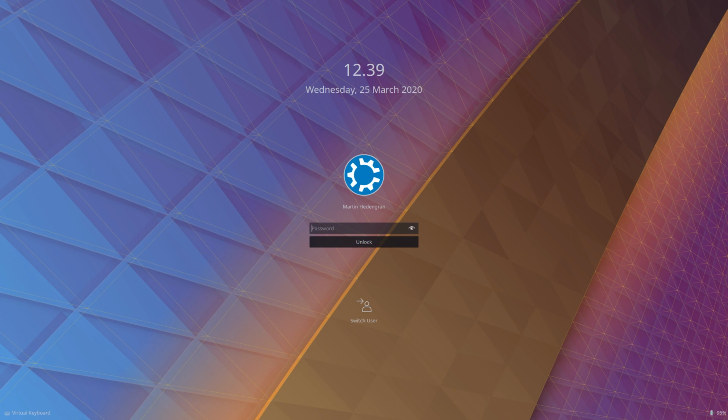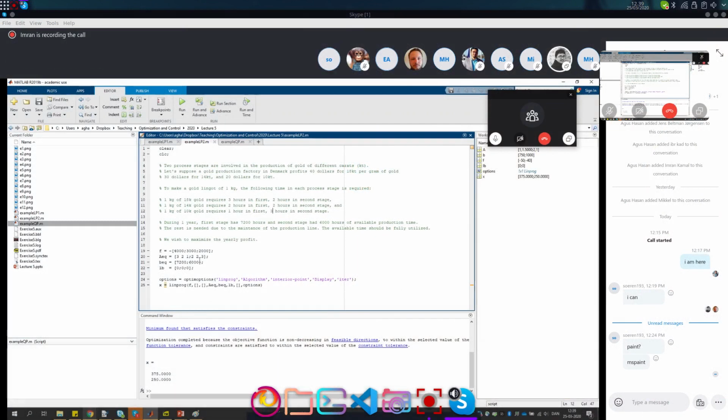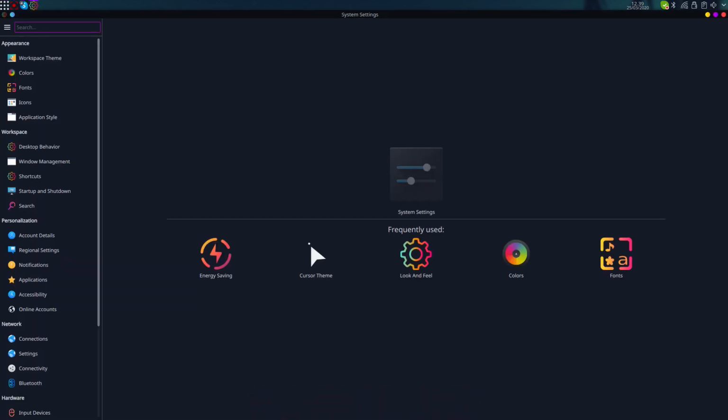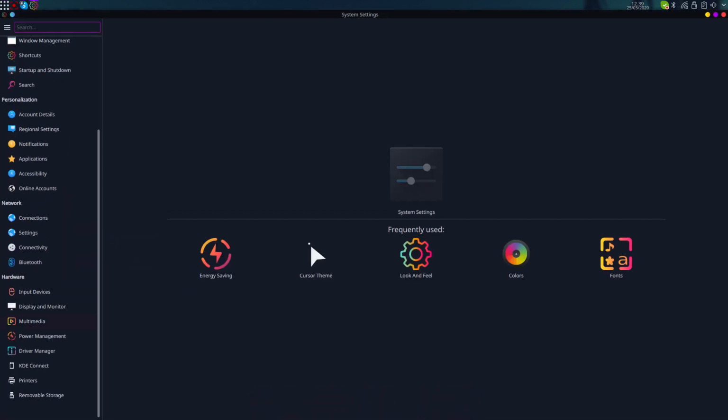So basically, for 18 carats, you have 3 hours. So 3 times x plus 2 times y plus 1 times z. And then for the second row, you have 2 times x plus 2 times y plus 3 times z. Okay. And then we can also define the lower bound, because all of these variables should be positive.